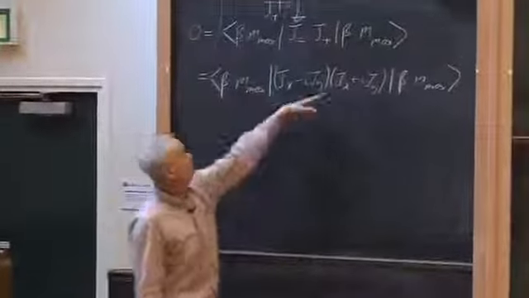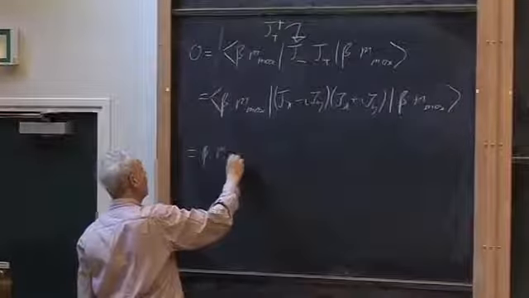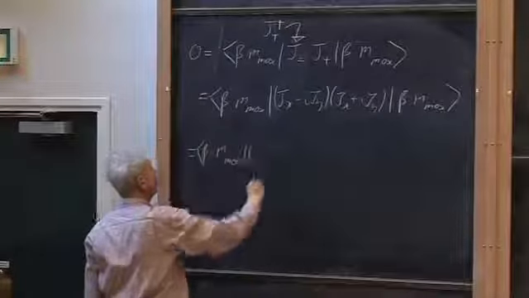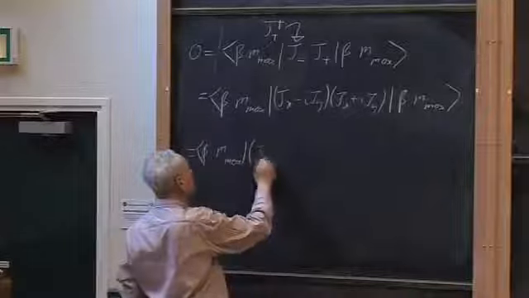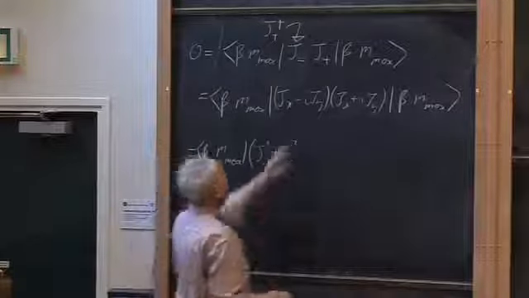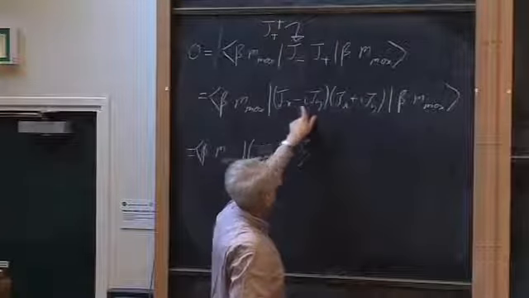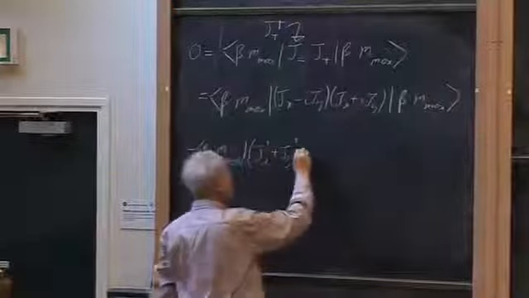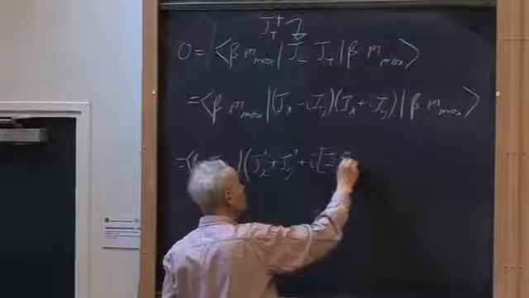So we multiply this stuff out, and we get jx squared plus jy squared. And then we have a minus I jyx and a plus I jxy, so we have plus I commutator jx comma jy.